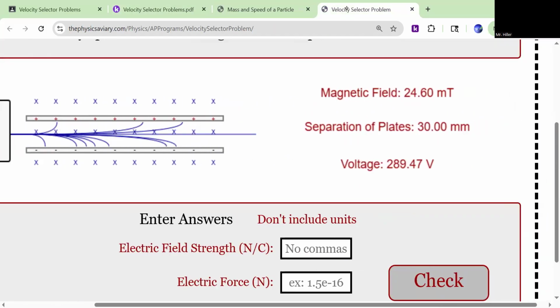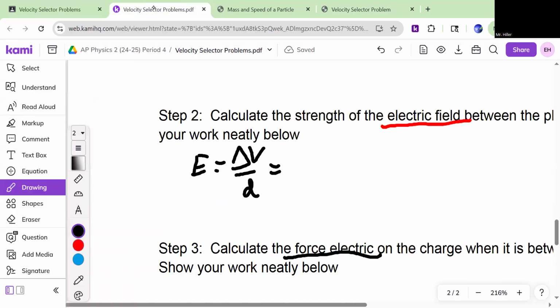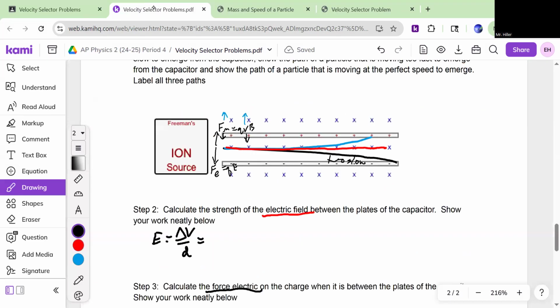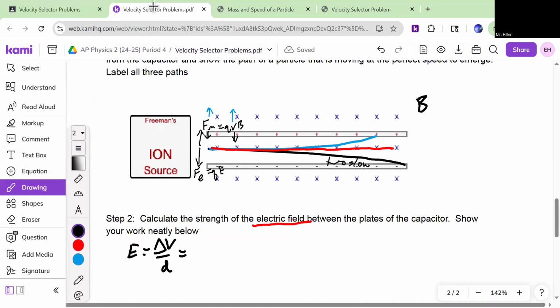So I'm going to jot down some of the information given here. I'm given a magnetic field of 24.6 millitesla, which would be 0.0246 Tesla.